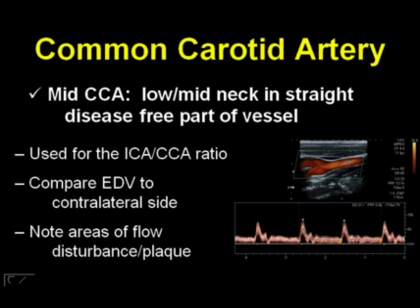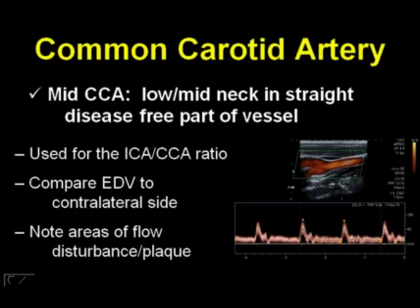But our next stop within the carotid artery system then would be the mid-common carotid artery, somewhere that's relatively low in the mid-neck, in an area of the vessel where it's straight and where it's disease-free. And this is an important part of the evaluation, especially if you're using an internal carotid to common carotid artery ratio.